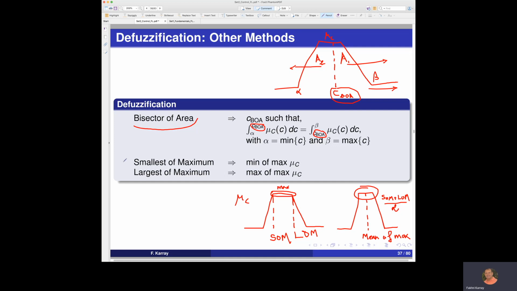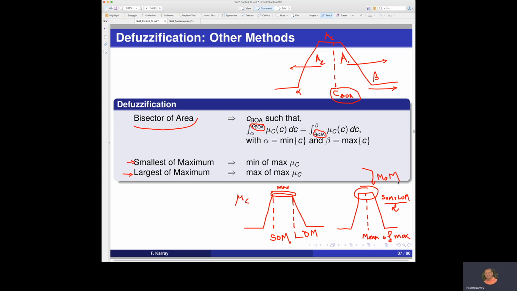So we have here smallest of maxima, first one, largest of maxima, second one, and the third one is the mean of maxima. The mean of maxima is also something that we are utilizing here when the value of the modes is not one single point, and when the membership function is continuous in this particular case.